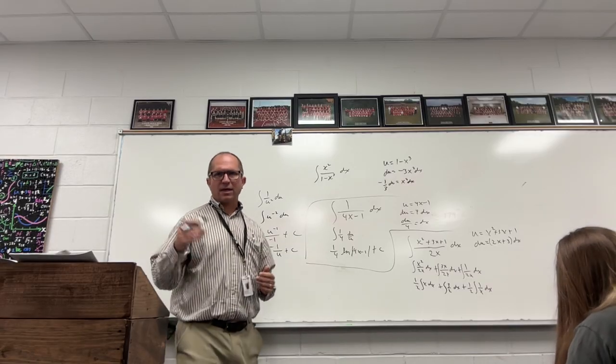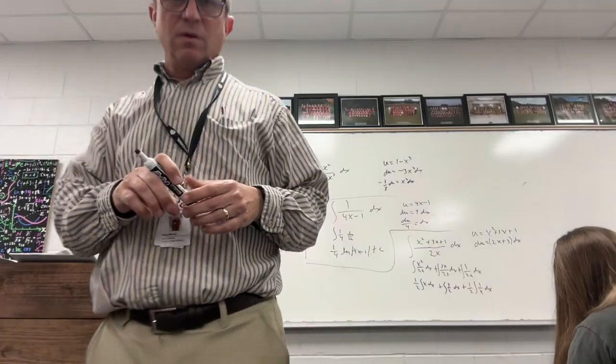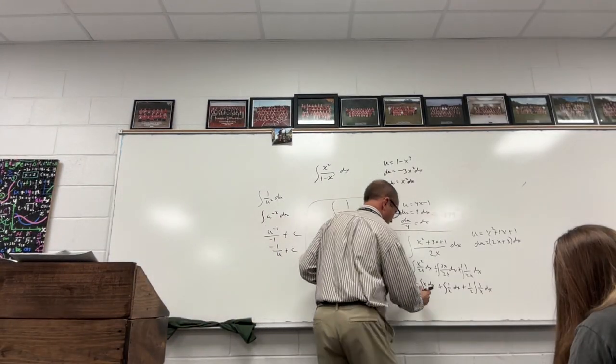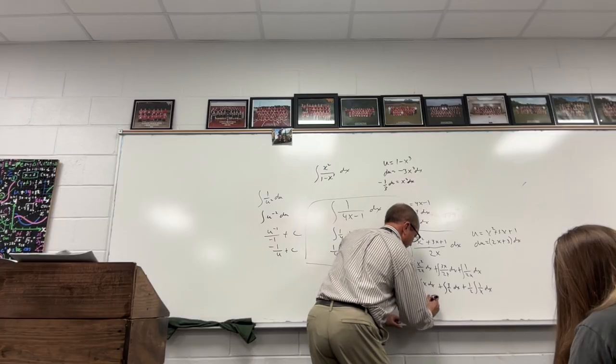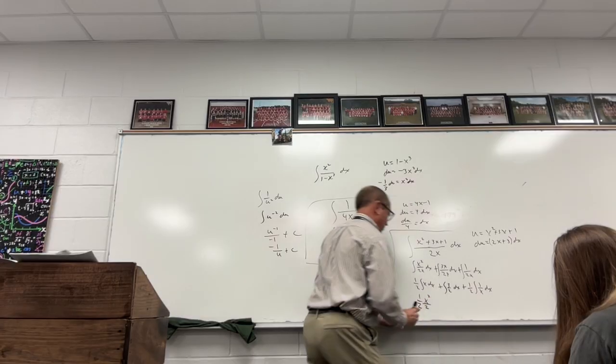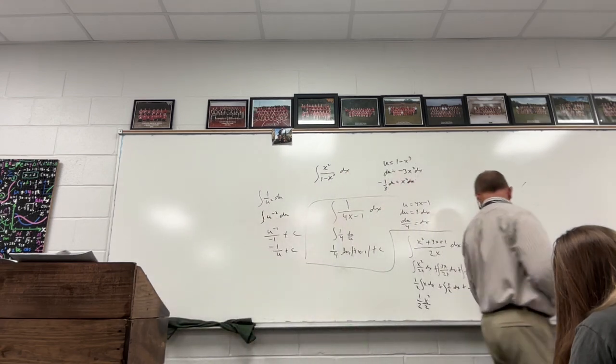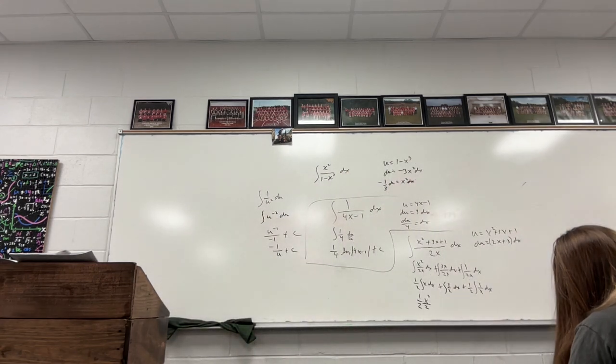Again, x is the same thing as x to the first power, so with the power rule, say that again. X squared over 2, okay. So I've got 1/2 of x squared over 2. I'm not going to put the plus c in here yet. I'm going to wait until the end to put it in there.